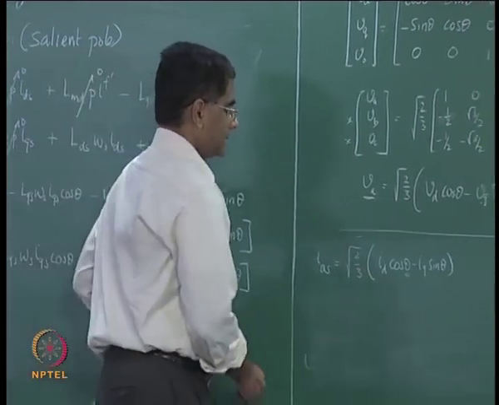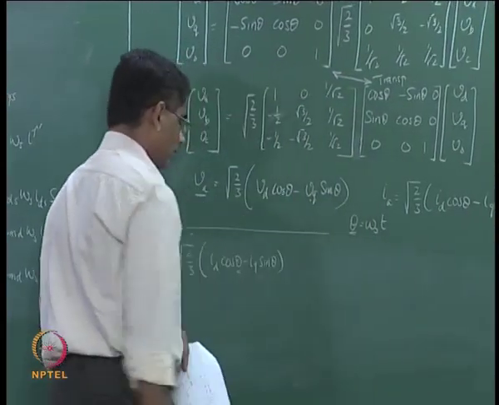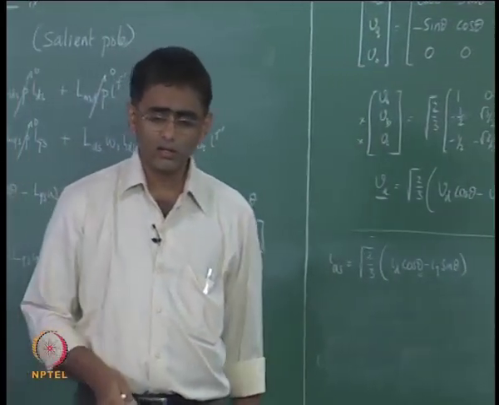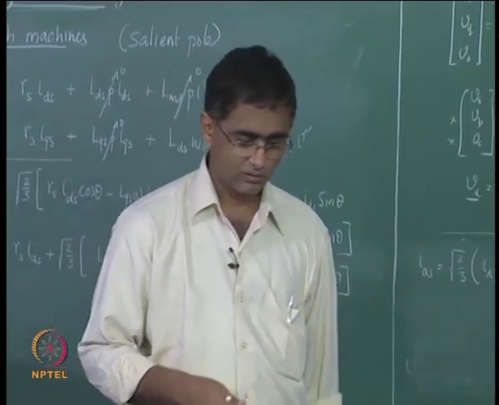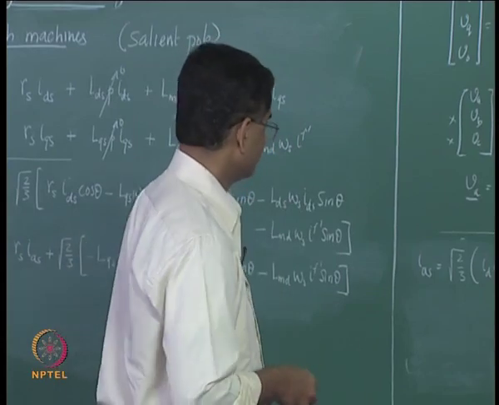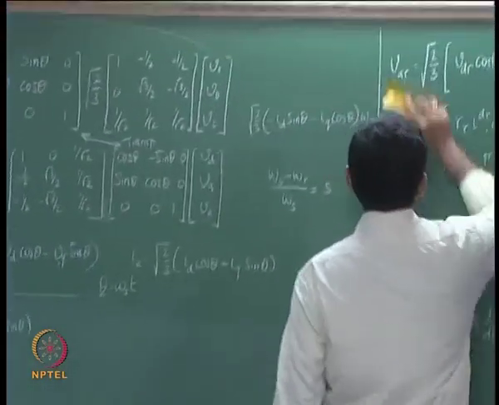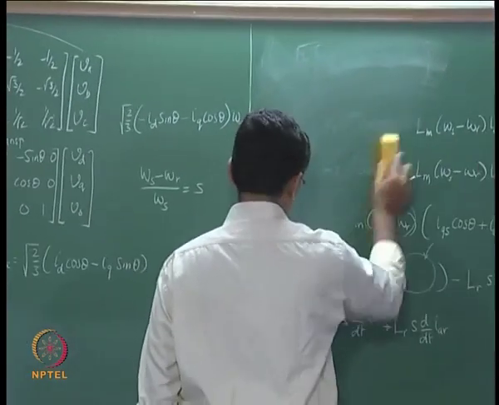Okay. Now it is necessary, before we go ahead, to remember or try to recollect what the phasor notation is. So let us briefly look at the phasor notation before we move ahead.